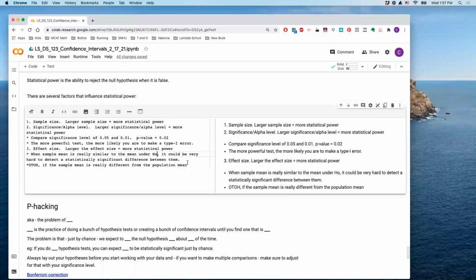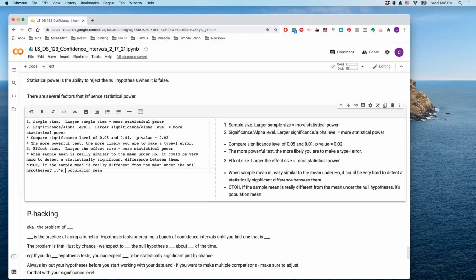However, if the sample mean is really different from the mean under the null hypothesis, it's going to be a lot easier to detect a statistically significant difference between them.